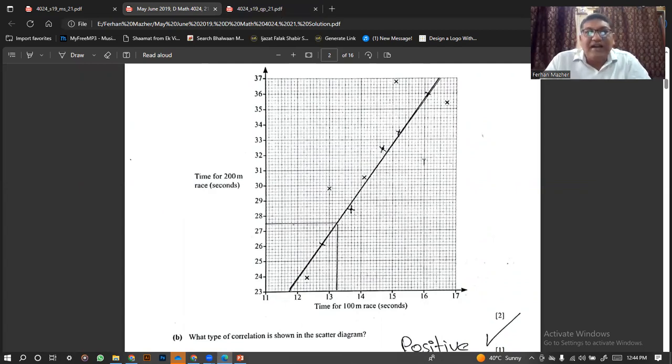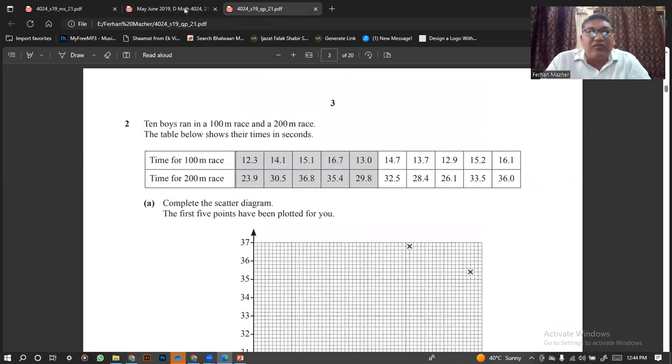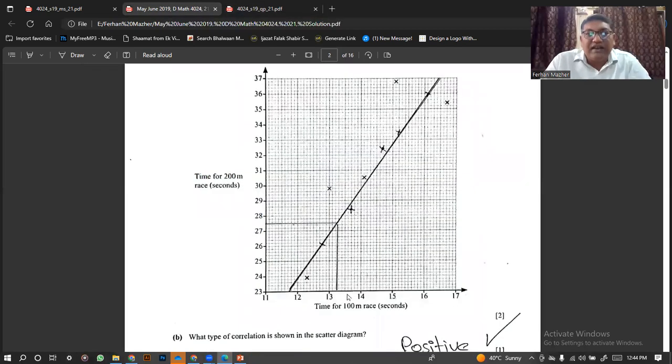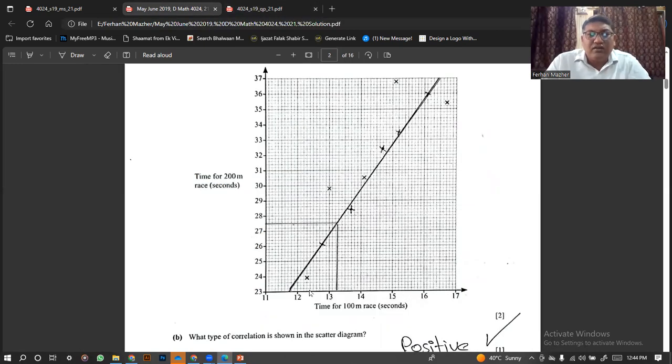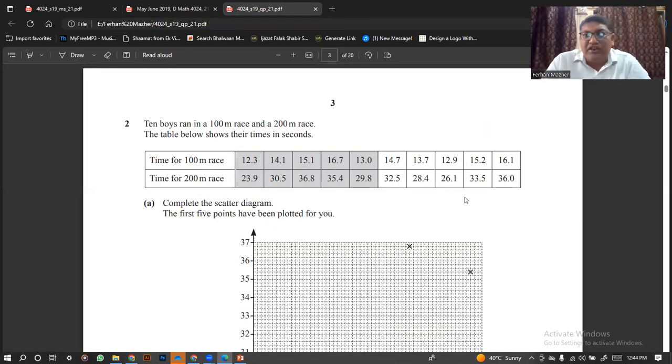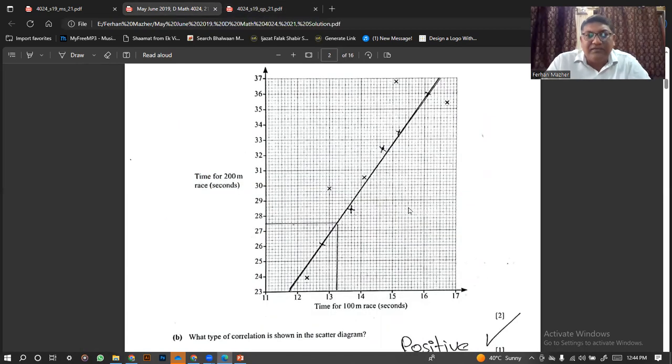Then we have 13.7, 28.4, this is the point. And then we have 12.9, 26.1, this is the point. Okay, then we have 15.2, 33.5.